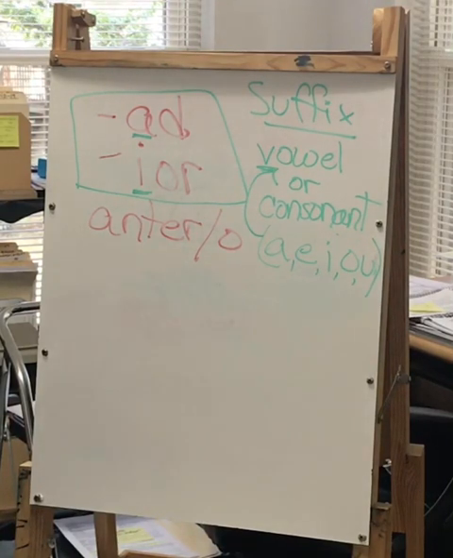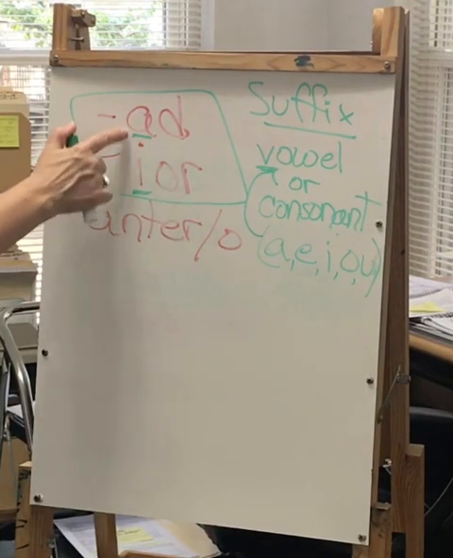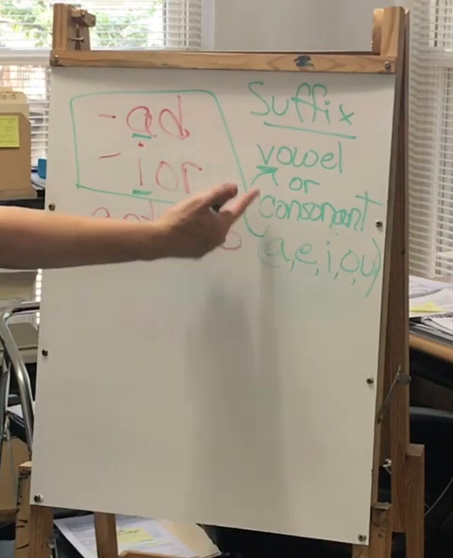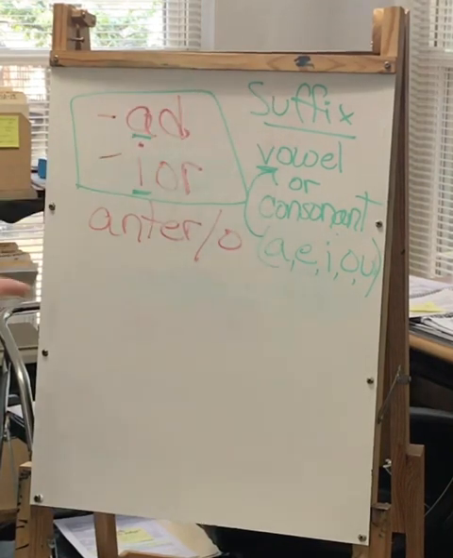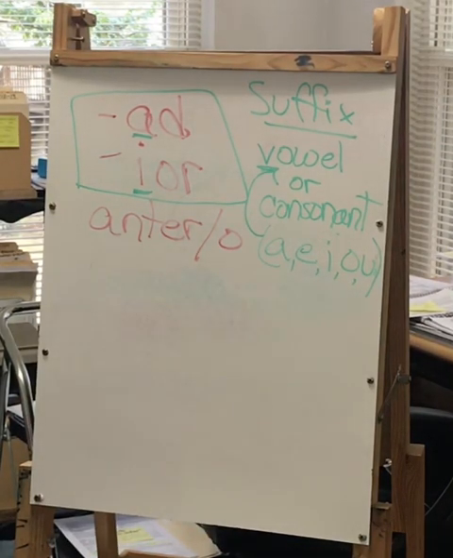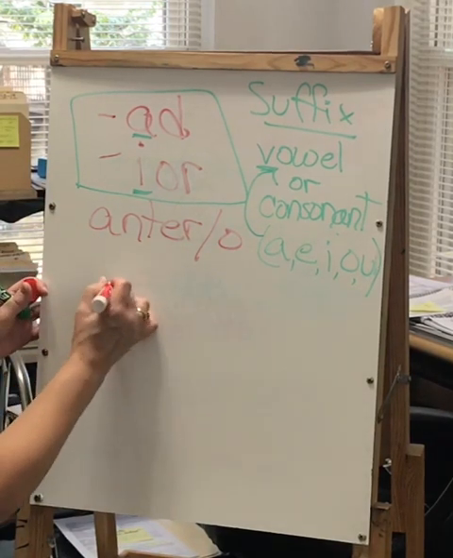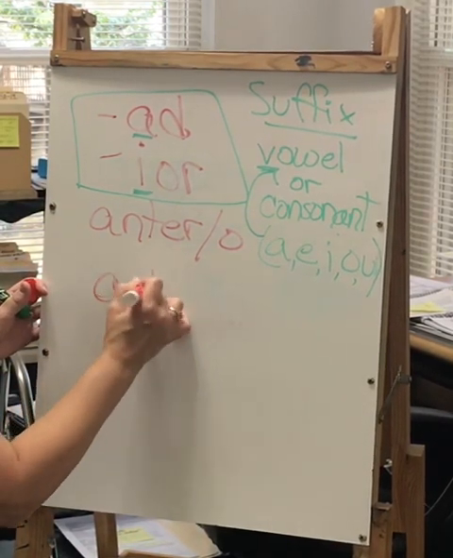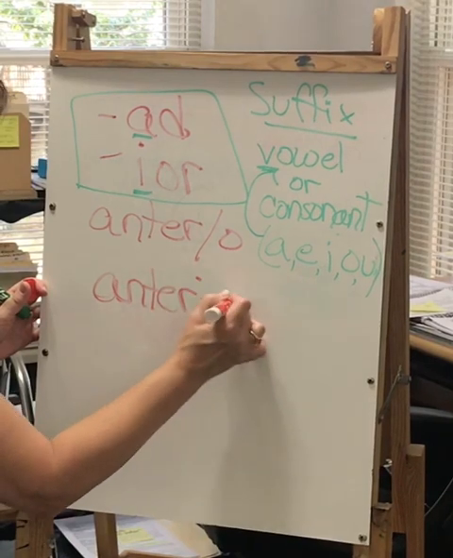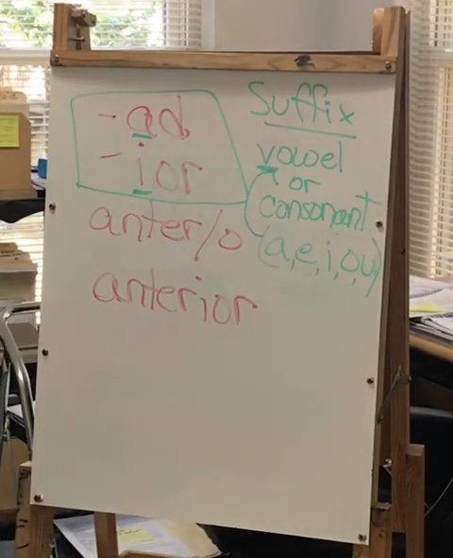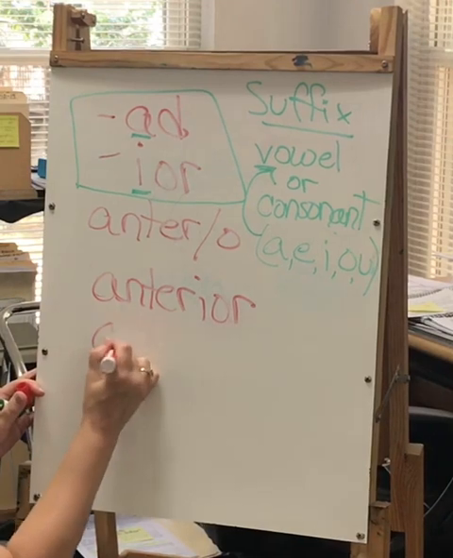And the reason is because both of these start with vowels. So if they start with a vowel, you are not going to use the combining vowel. So, a couple words out of this chapter. Let's do this. Anterior. And let's do caudad.